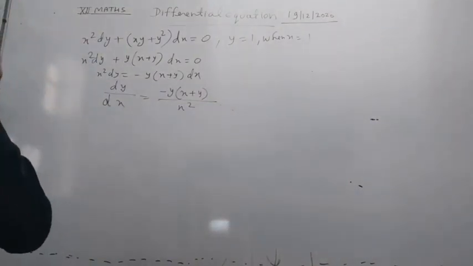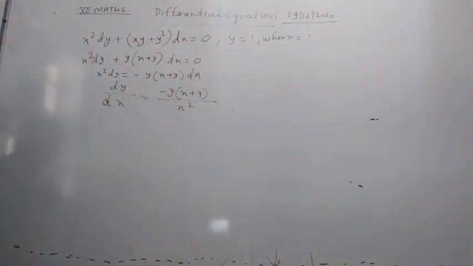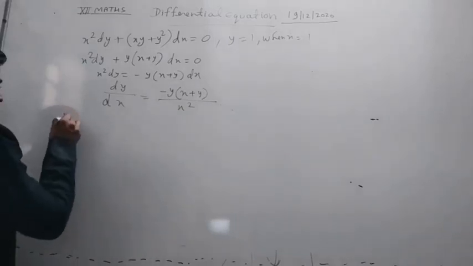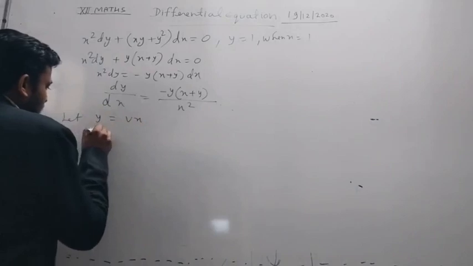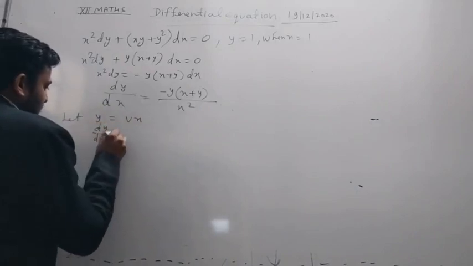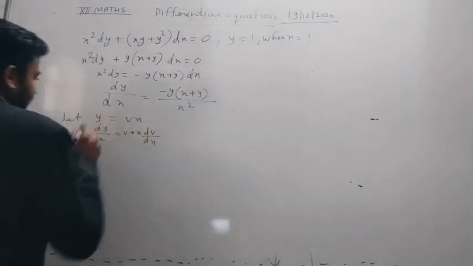So this is our homogeneous differential equation, and for solving a homogeneous differential equation we always use what? Let y is equal to vx, and dy by dx is v plus x dv by dx.